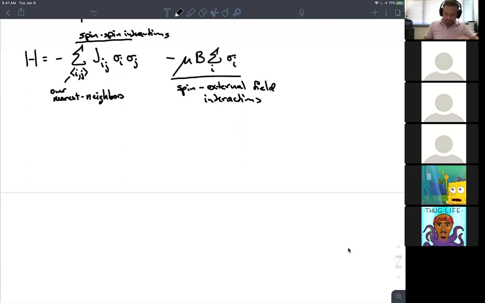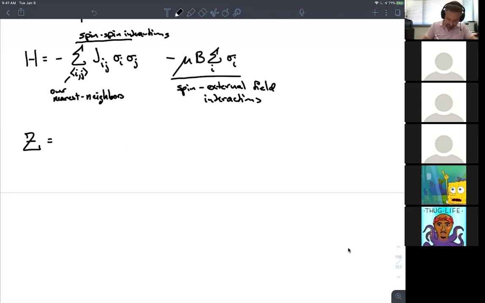Okay, and what we did last time was to take this Hamiltonian and write down the general form of the partition function, right? So now you take this Hamiltonian, you stick it into the usual formalism for calculating the partition function, and what we wound up with was this.